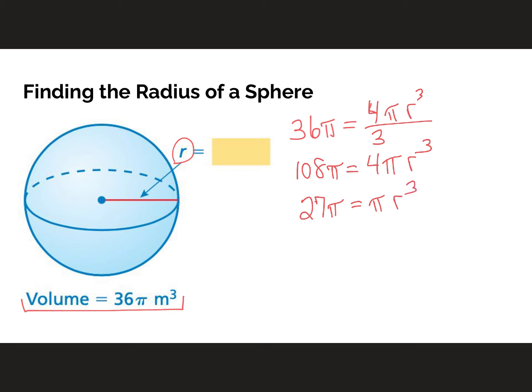Then I'm going to divide both sides by pi. There's pi on both sides, so they're going to cancel. That leaves me with 27 equals my radius cubed. If I take the cube root of both sides, then I get 3 equals my radius. The cube root of 27 is 3.